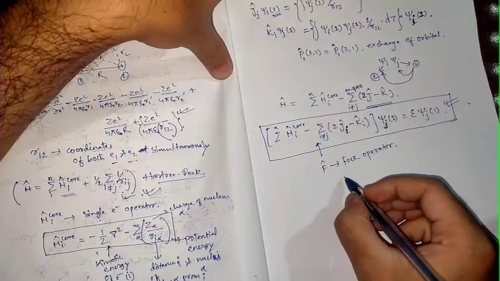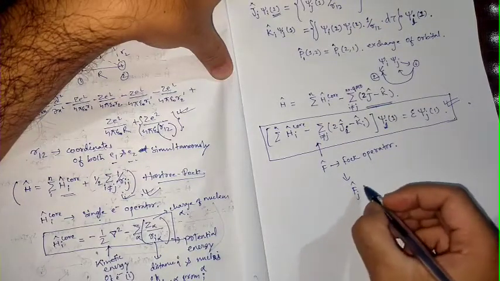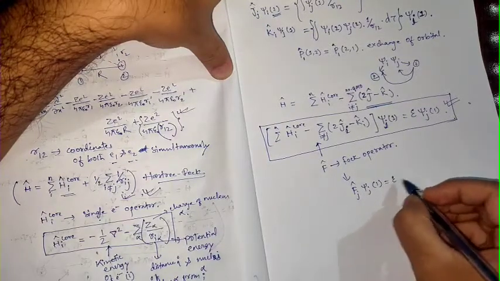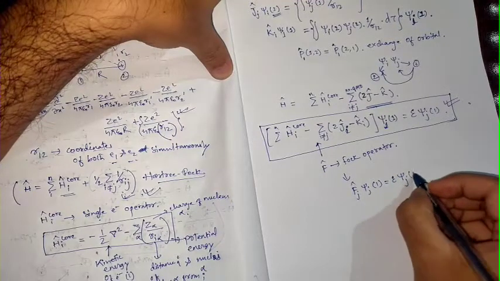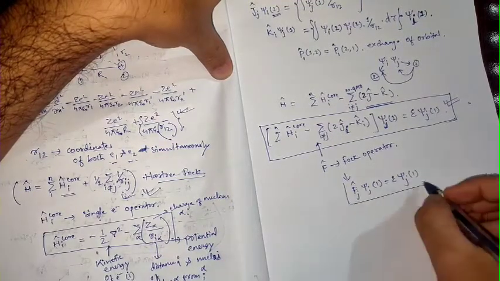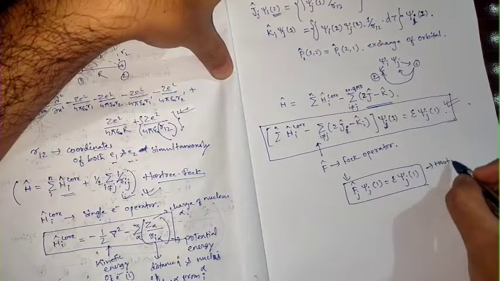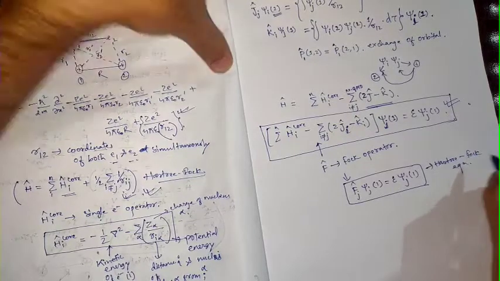So we can write F cap J psi J 1 equal to the summation of energy times psi J 1. This is the Hartree-Fock equation.